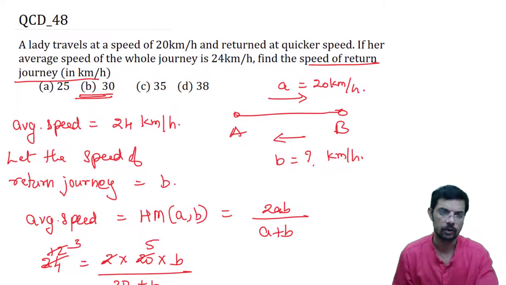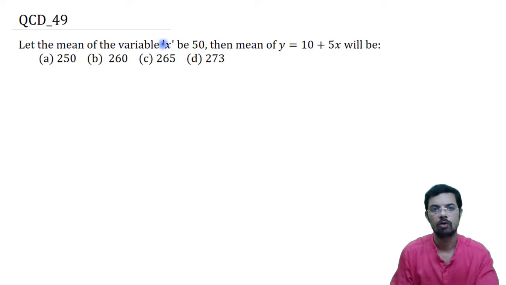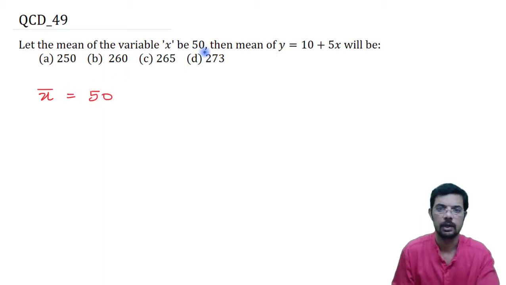Next question, question number 49. The mean of a variable x is known to you as 50. Okay. So that is x bar is equal to 50, and the relationship between x and y is given as, say, y is equal to 10 plus 5x. We know that y bar is what we need to find out.